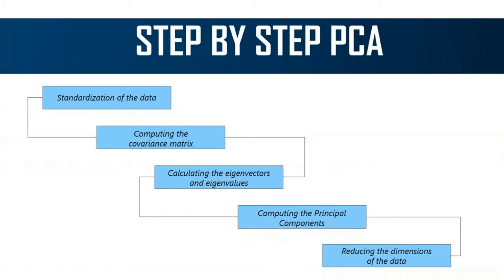The second one is that we are going to compute the covariance matrix, to find out the relation between one component and the other elements. The third step is to calculate the eigenvalues. Then, based on the eigenvalues we calculated, we are going to compute the eigenvectors. Once we compute these eigenvectors, we will be computing the principal components.